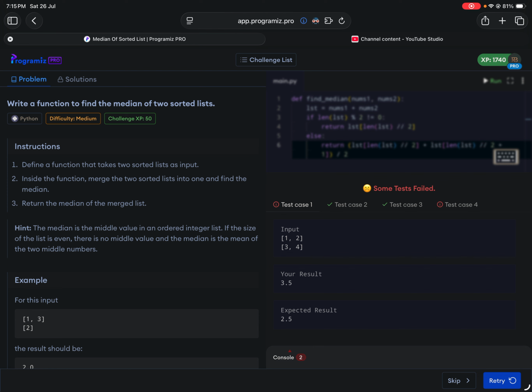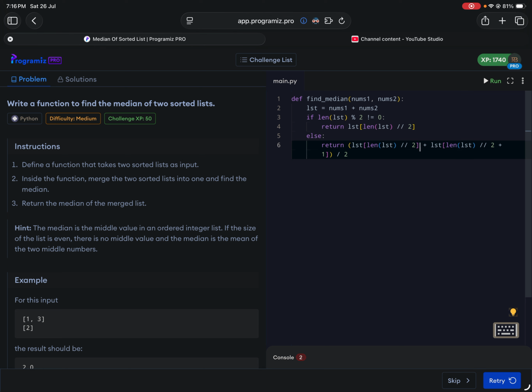So we had to get -1 over here, and over here it should have been the same thing. Floor division 2 will be 0, 1, 2. So it should be -1, not +1, and no need for +1 over here.